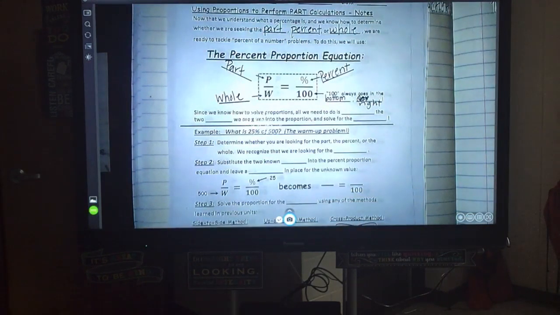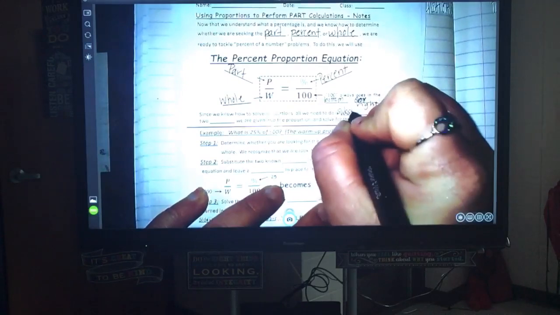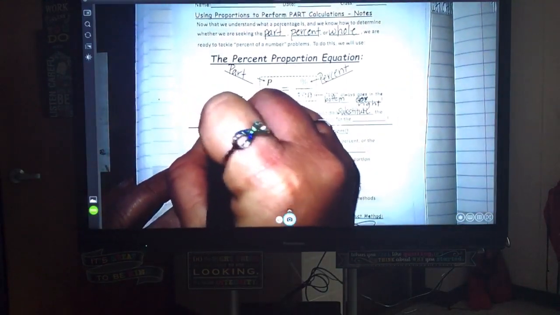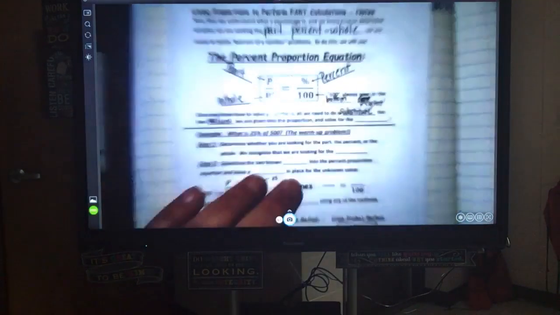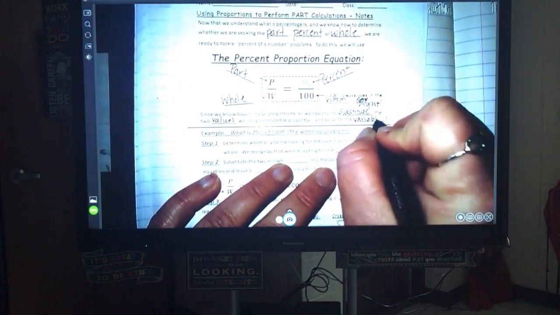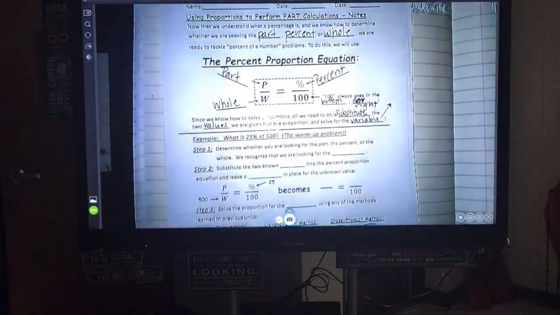Alright, since we know how to solve the proportion, all we need to do is substitute the two values we are given into the proportion and solve for the variable. Now, raise your hand and tell me, what does the word variable mean?